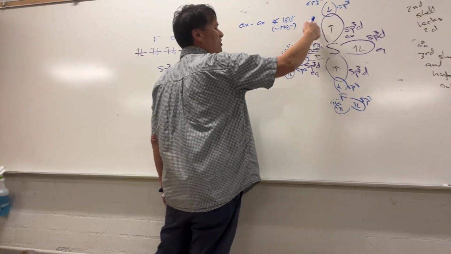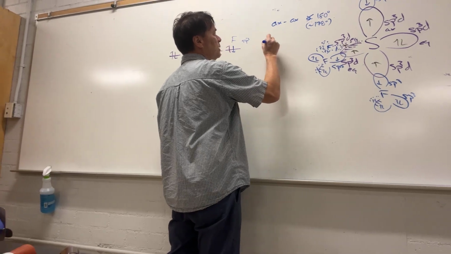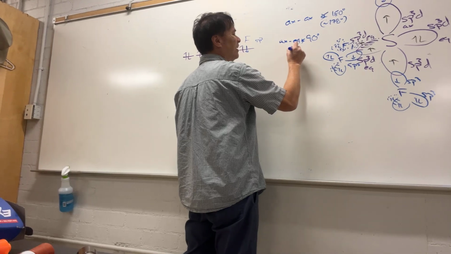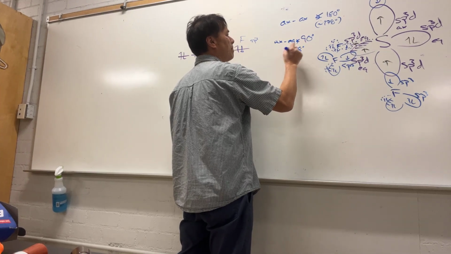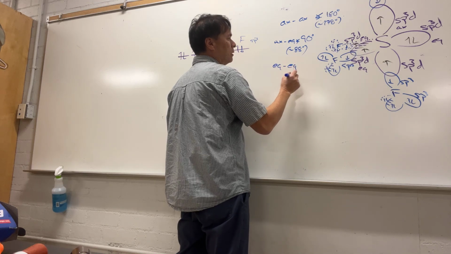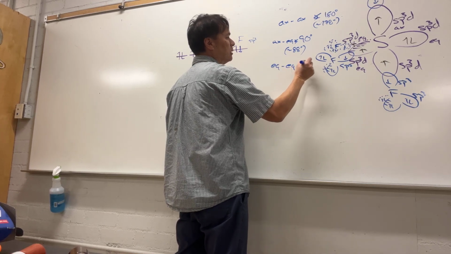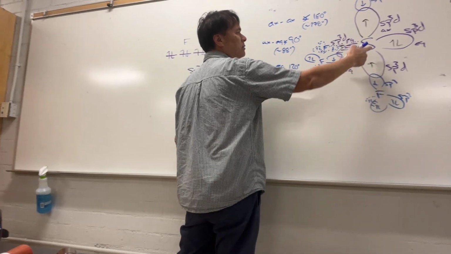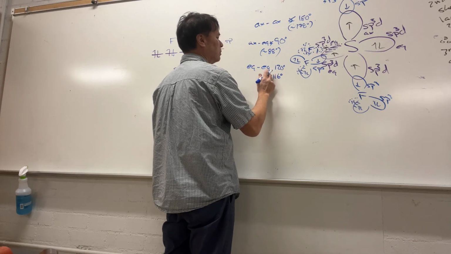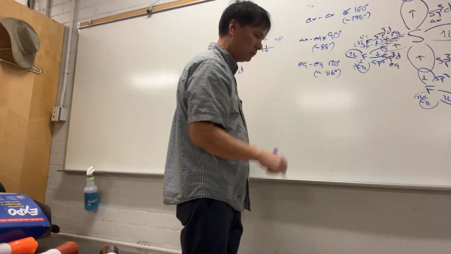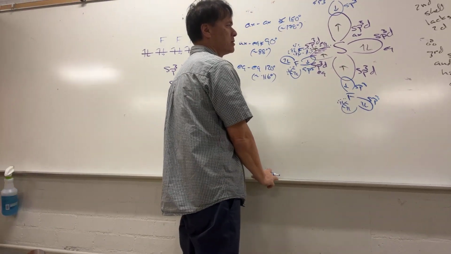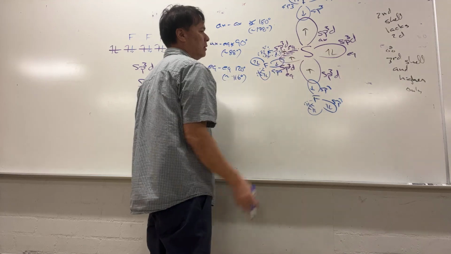And then we have axial to equatorial, should be 90 degrees, but maybe it's going to go to 88. And then equatorial to equatorial, this one should be 120 degrees, but we're going to distort it, similar to what we saw for the other one, 116 degrees. And so this is going to be a distorted seesaw. It's not going to be a perfect seesaw because of this pushing on these.